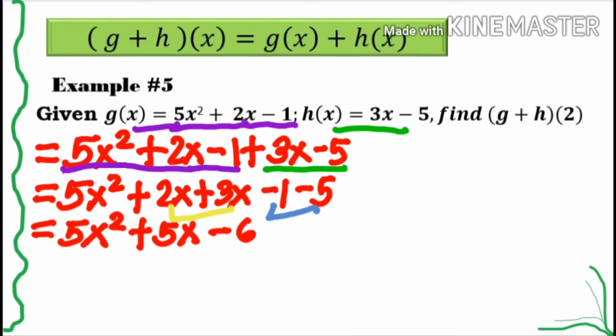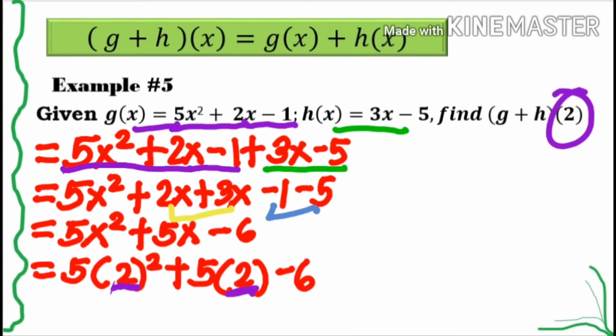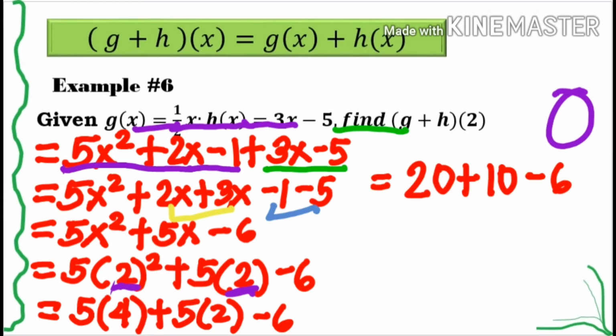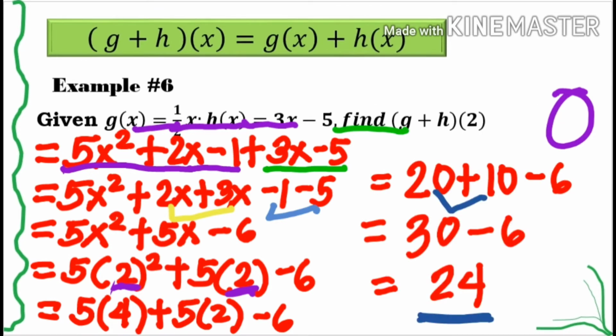Then substitute the value of x, which is 2, and 2 raised to 2 is 4. So 5 times 4 plus 5 times 2 minus 6. So 5 times 4 is 20, plus 5 times 2 is 10, minus 6. And then add 20 plus 10 equals 30, minus 6 equals 24.